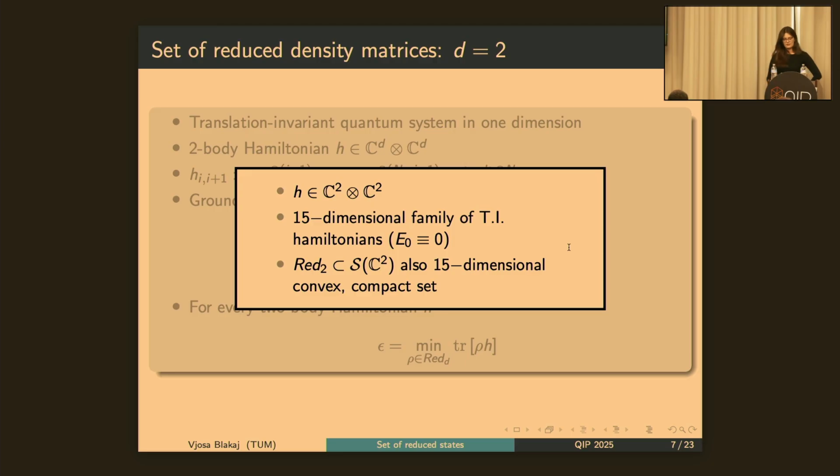And similarly, red 2, with 2 again indicating the local dimension, so qubits, is just a subset of the set of all bipartite density operators, and again is a 15-dimensional convex and compact set. So in principle, it sounds like a simple set, but why is it so difficult to characterize it?